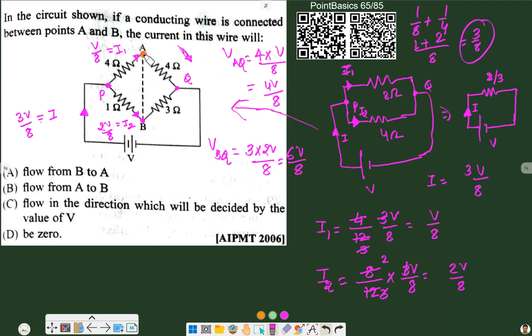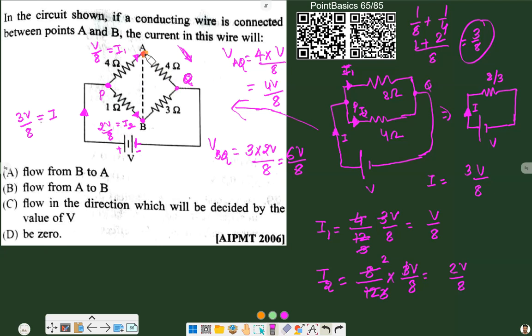The ground of a battery is always the negative terminal. The negative terminal of a battery is always considered as ground in a circuit where there is only a single battery. When we have multiple batteries, then ground can change. But if we have a single battery, then the negative terminal of the battery is considered as ground. And this negative terminal is connected to point Q. It means all the potentials should be measured with respect to Q, and that's why we measured VAQ and VBQ.